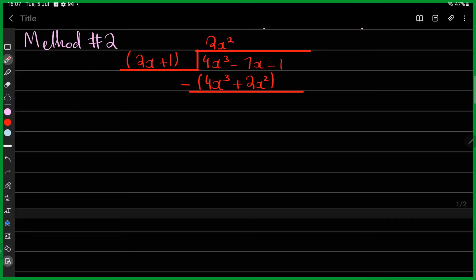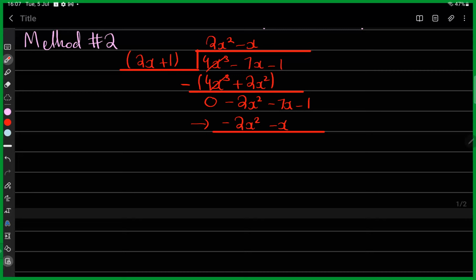These two would be cancelled, so I would get a 0, minus 2x squared minus 7x and then minus 1. Next, I need minus 2x squared here. So for that, I need minus x only. Now when I multiply minus x by 2x plus 1, I would get minus 2x squared minus x.